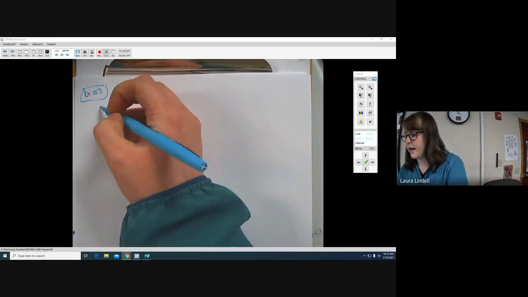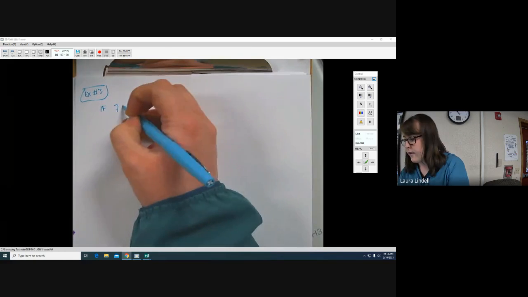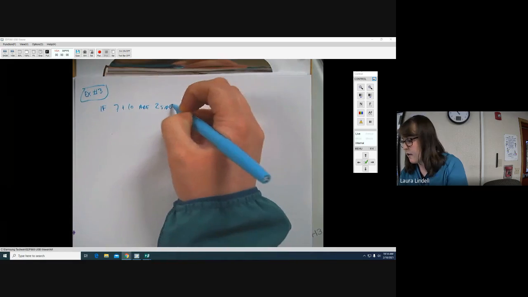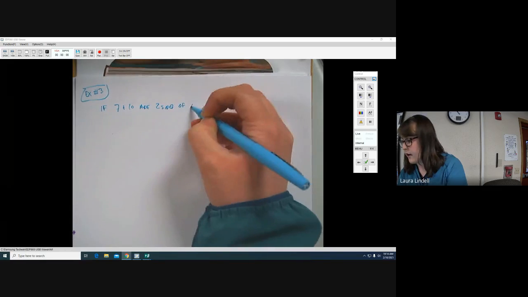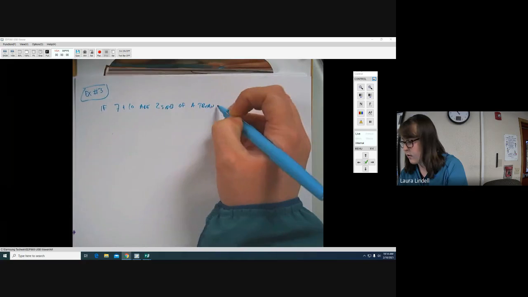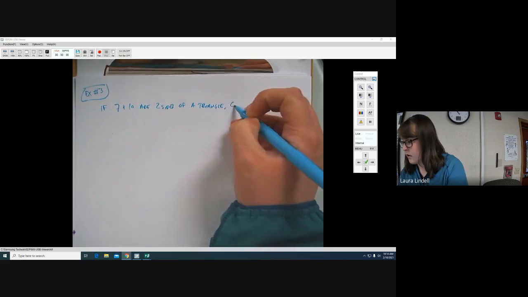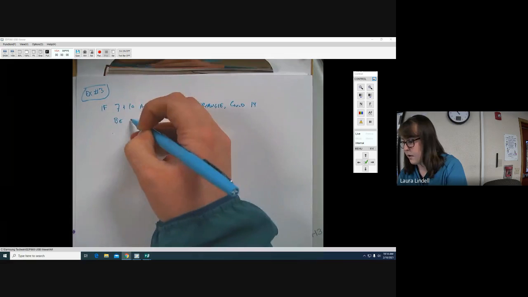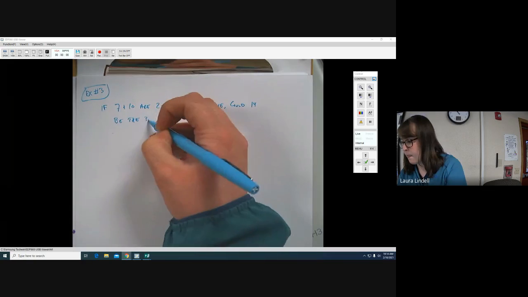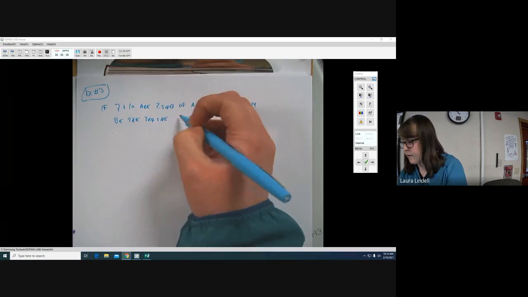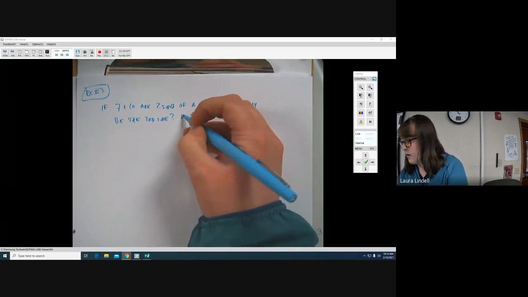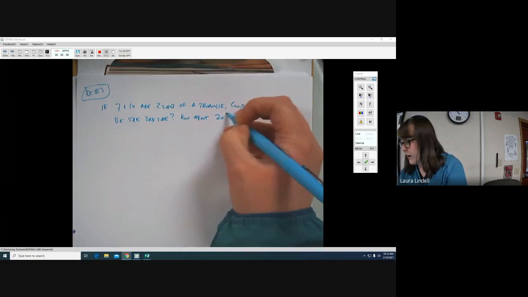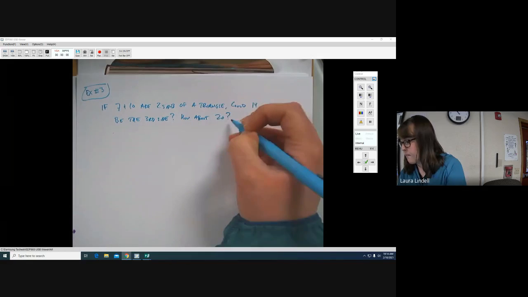Okay, so we'll see things like if 7 and 10 are 2 sides of a triangle, could 14 be the third side? And then we'll see something like, how about 20? Could 20 be the third side?